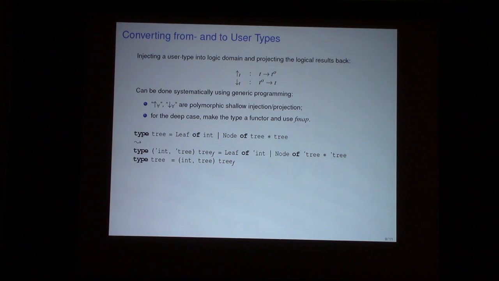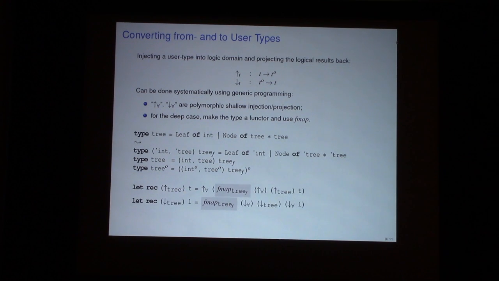But when he substitutes type parameters by logical equivalents, for example, int logic and logical tree, he will get a truly logical type which represents logical trees. And if he uses some generic framework to derive fmap, it will be possible to write conversions from this tree logical type to the original tree and back.